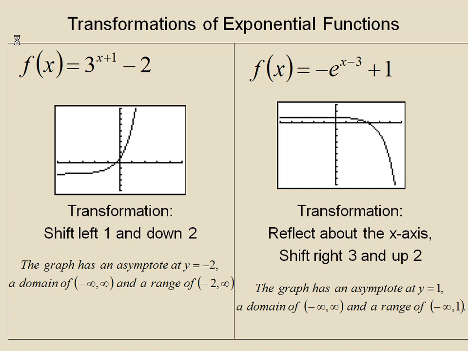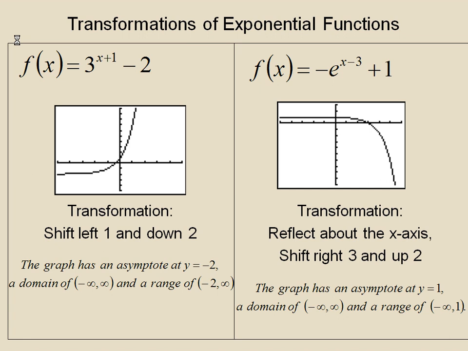Our domain is still minus infinity to infinity, but our range changed as well from negative 2 to positive infinity. So we see very similar transformations that we saw with our basic x squared, our basic x cubed, the absolute value of x, the square root of x. This time we just have the function 3 to the x is our basic curve that we're transforming.